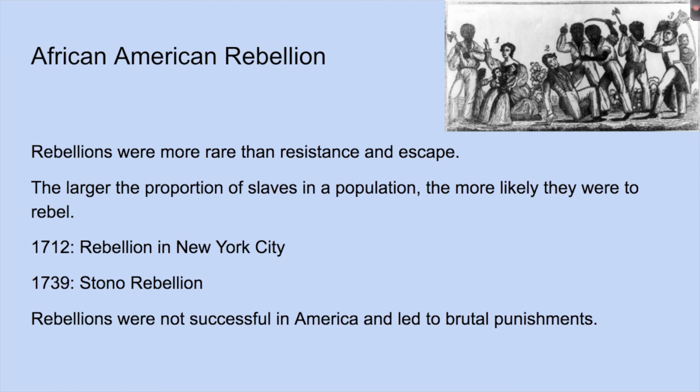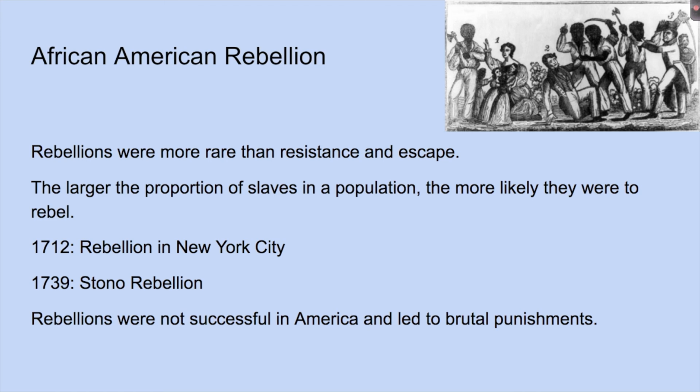Two of the more notable rebellions: one is in New York City in 1712. In this one, 27 Africans set fire to an outbuilding. When the white men arrived to put out the blaze, the rebels attacked them with muskets, hatchets, and swords. They killed 9 white men and wounded 6.